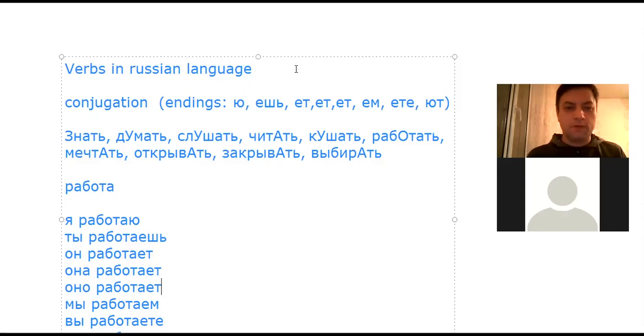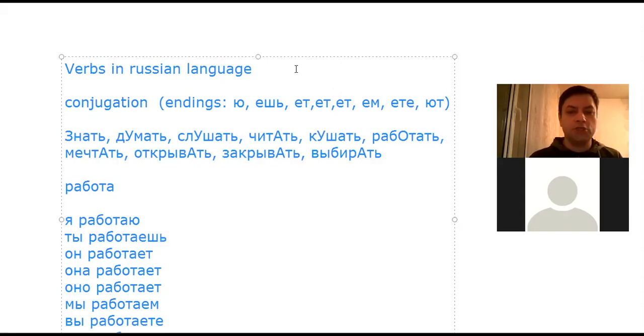One thing that I want to bring attention to is that here for the pronoun "ты", which is the second person singular, there is a soft sign at the end, but you still must pronounce it in a hard way because the letter "ш" is always hard.